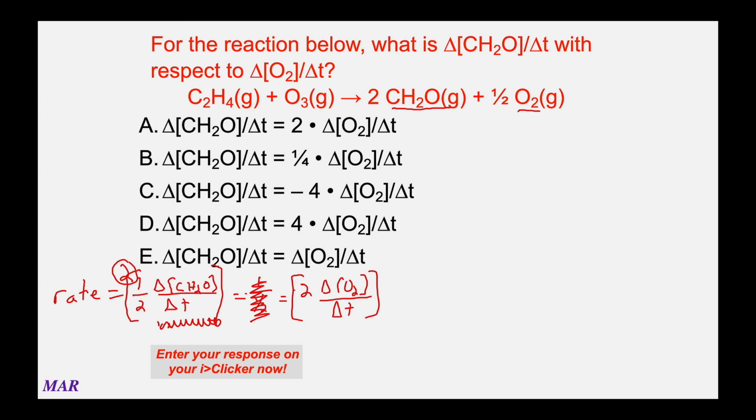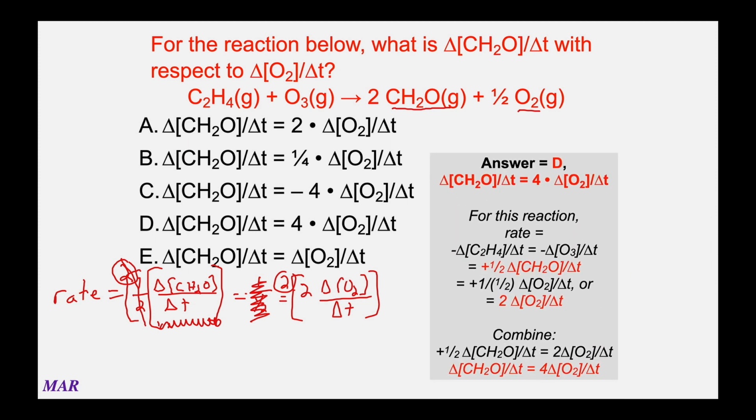But if we do that to this side, we have to do it to this side. So it's very weird, but we're going to multiply both sides by 2. So then you've got just the delta CH2O over delta T, which is what all the answers start with. And that's going to equal 2 times 2, or 4 times delta O2 over delta T.